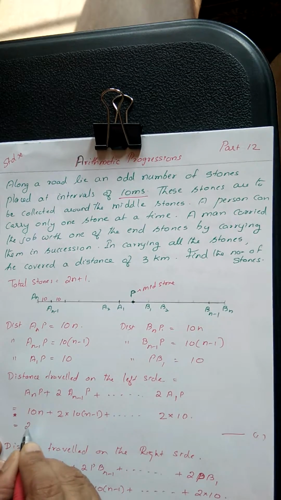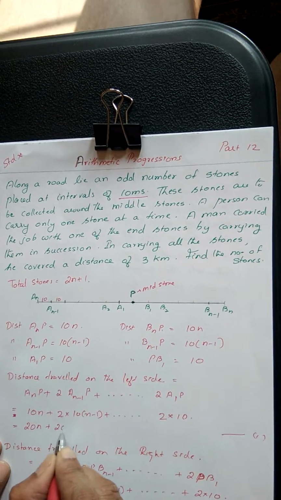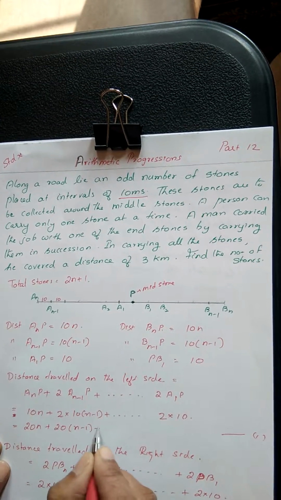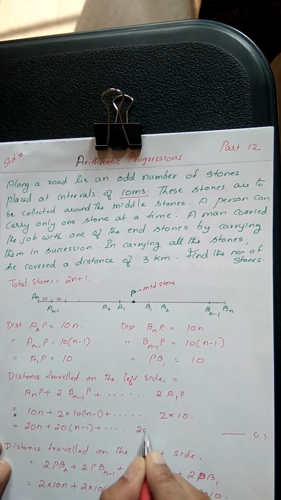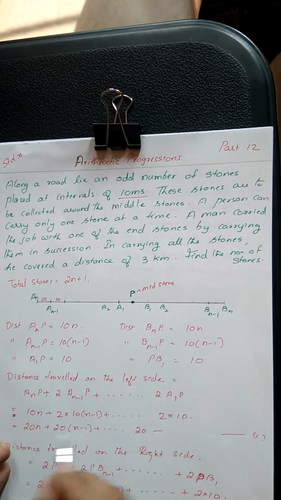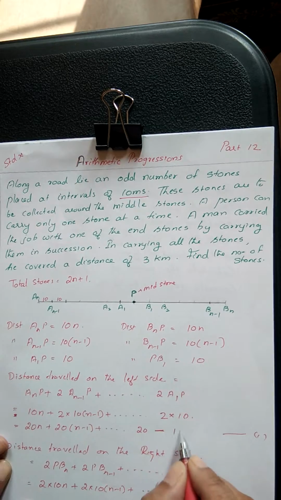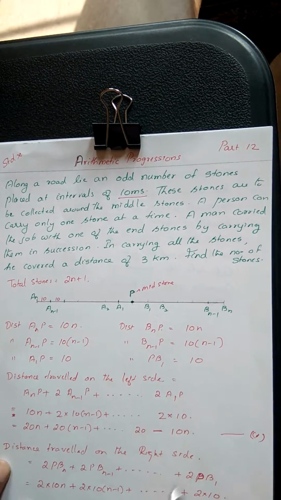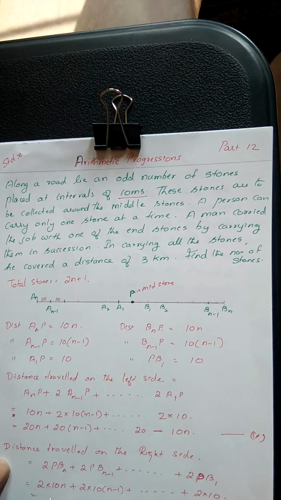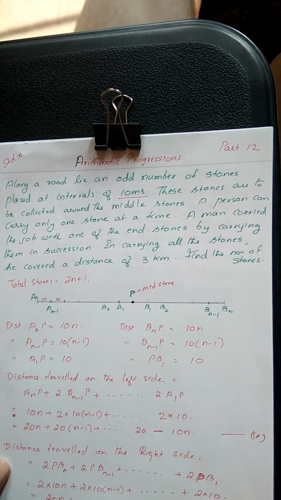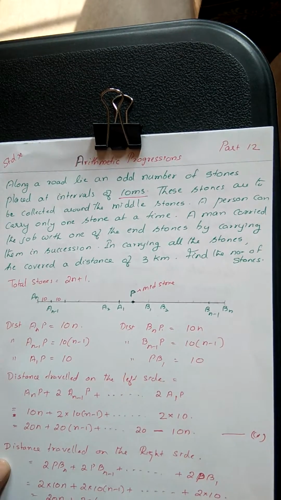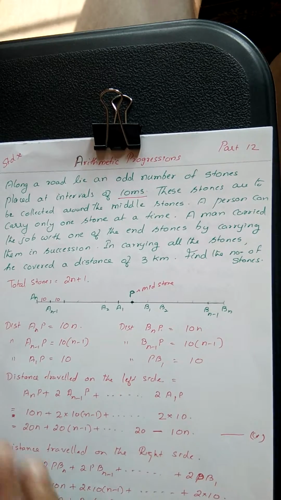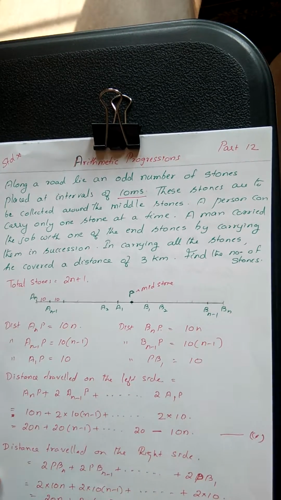So this will become 20n plus 20 into n minus 1 plus so on, plus 20, minus 10n, since we have added one 10n and are subtracting it here. So the second equation is again 20n plus 20 into n minus 1 plus etc. plus 20. Now we will add the total distance travelled.